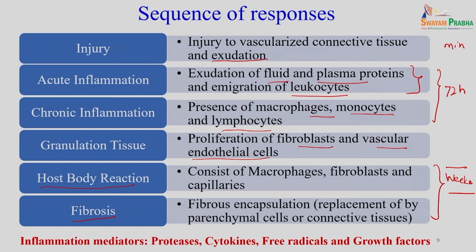Then the host body response consists of macrophages, fibroblasts and capillaries, and finally in the last step of fibrosis there is fibrous encapsulation or replacement by parenchymal cells or connective tissue. It depends on the intended application of the biomaterial, so it may finally be replaced by parenchymal cells or by connective tissue.